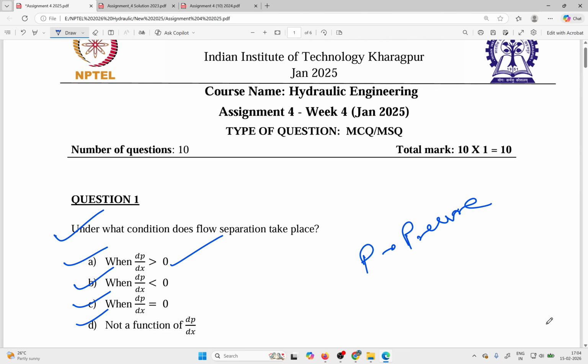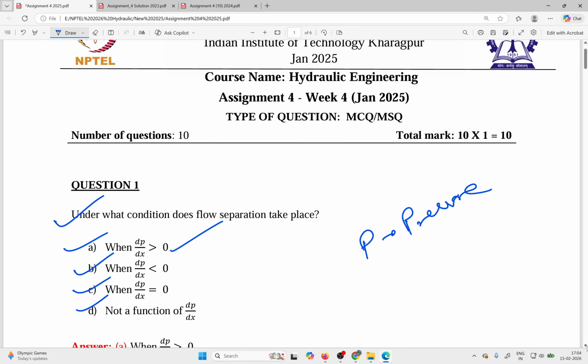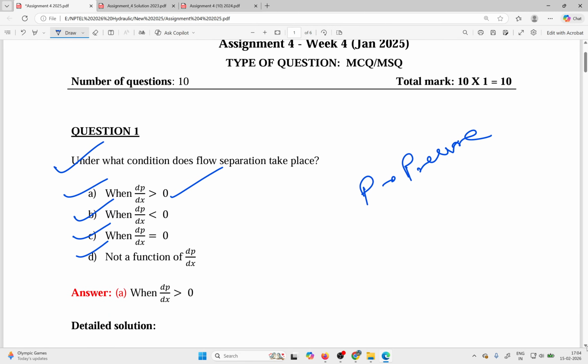So what is actually the meaning? Let me explain in a very conceptual way. You know the Bernoulli principle: basically, P by rho g plus V square by 2g plus the datum, which is constant, equal to constant. If the datum is fixed, then what will happen if your pressure increases?